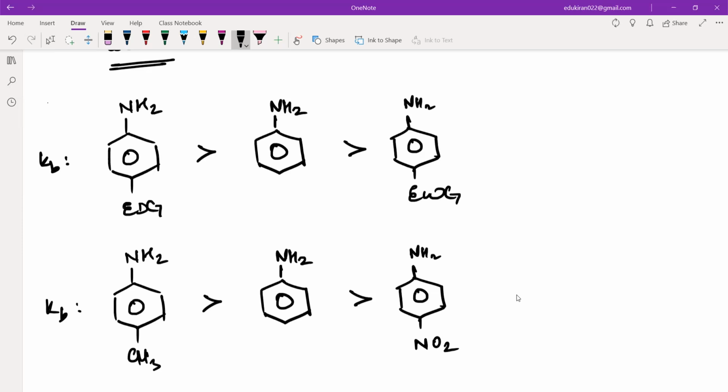After that, if you have just aniline, and last will be if you have a nitro group attached here, which is an electron withdrawing group. Is this clear, Abir? Yes or no? Please tell me. Yes sir.